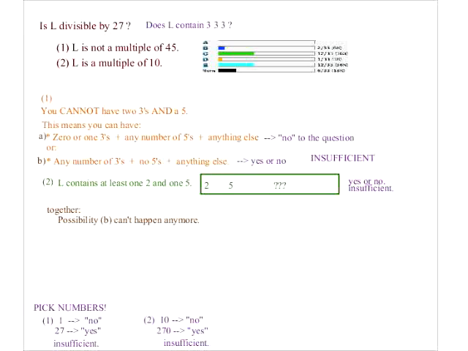Therefore, it's got to be possibility A. So that's sufficient. That's a no to the question.